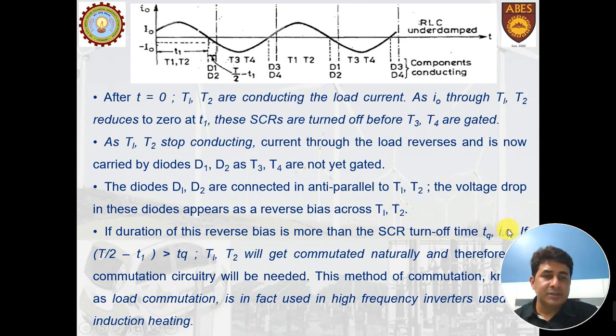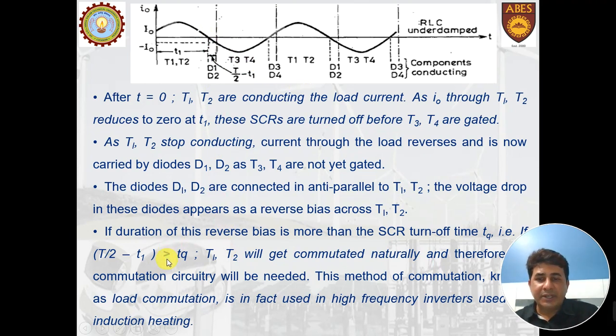Now these equations tell about the turn-off time, because here the current through T1 and T2 becomes zero. So this is the time in which it gets to turn off. Basically, if the duration of this reverse bias is more than the SCR turn-off time tq, then the thyristors will get commutated naturally, because during this time a negative voltage is applied to T1 and T2.